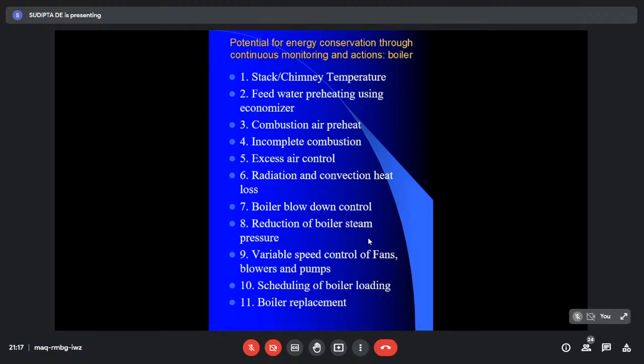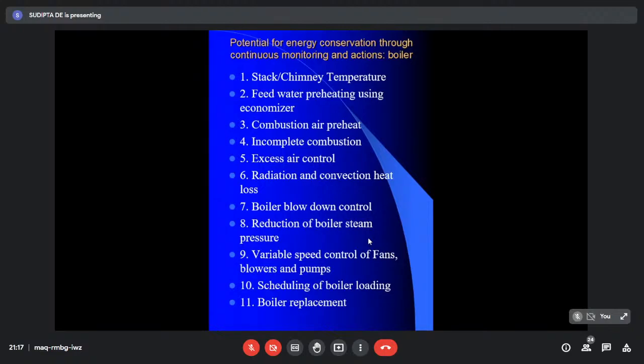This means electricity consumption of these devices remains the same even at lower load. But variable speed control means whenever the demand is less, the rotational speed is also adjusted, so that the power consumption at reduced load is also less for these devices.